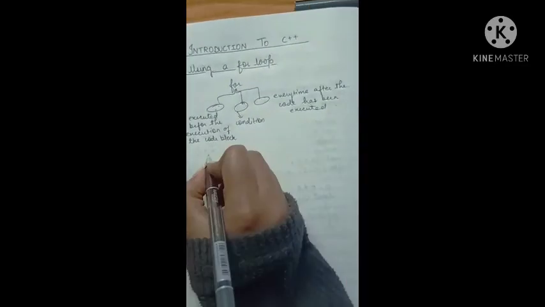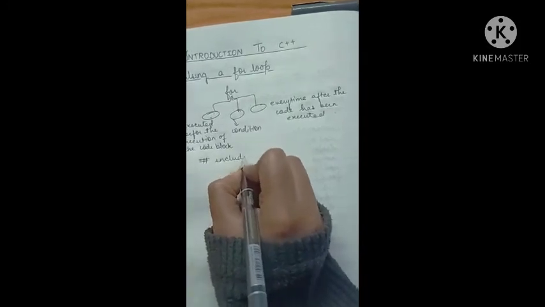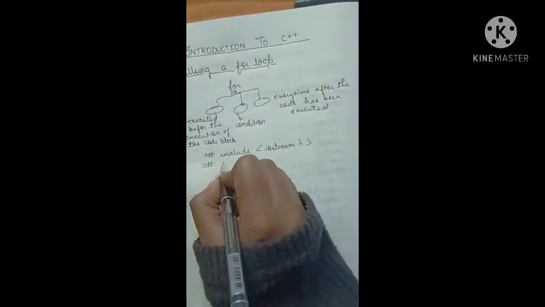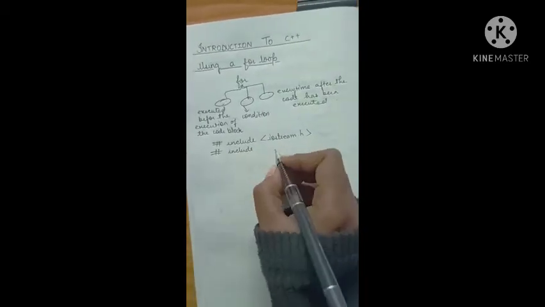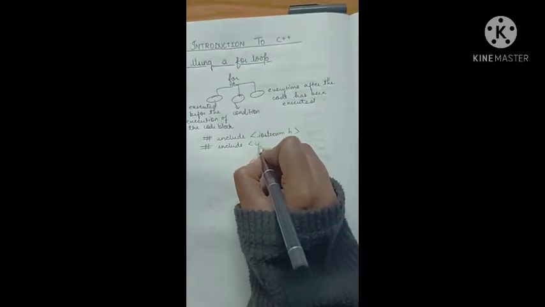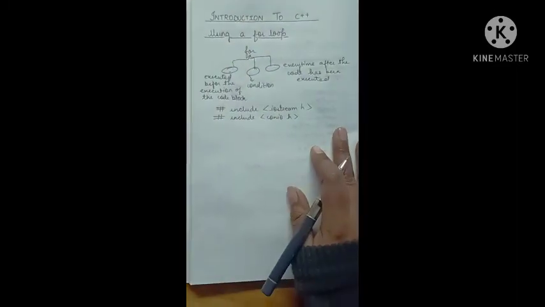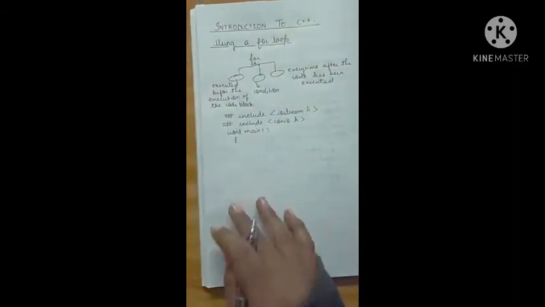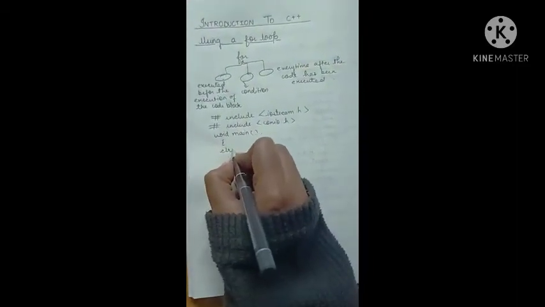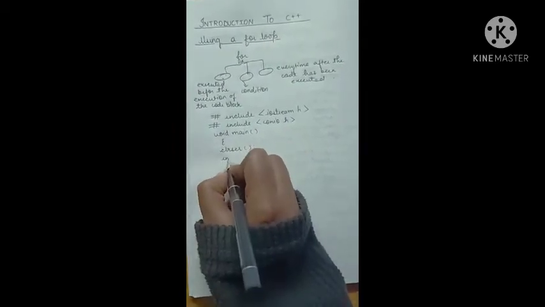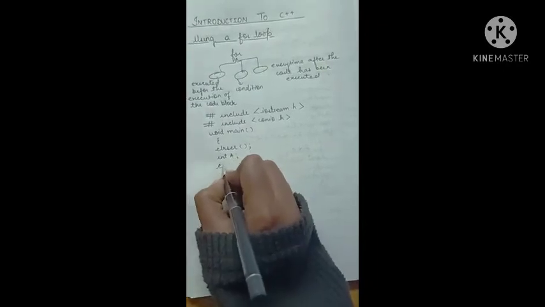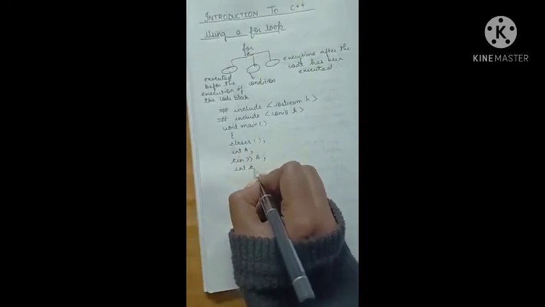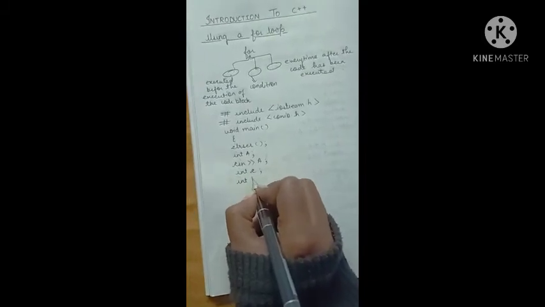Hash include iostream.h, hash include conio.h, then void main, here we give clrscr, then int a, cin a, then we give variable int c, int p is equal to 0.